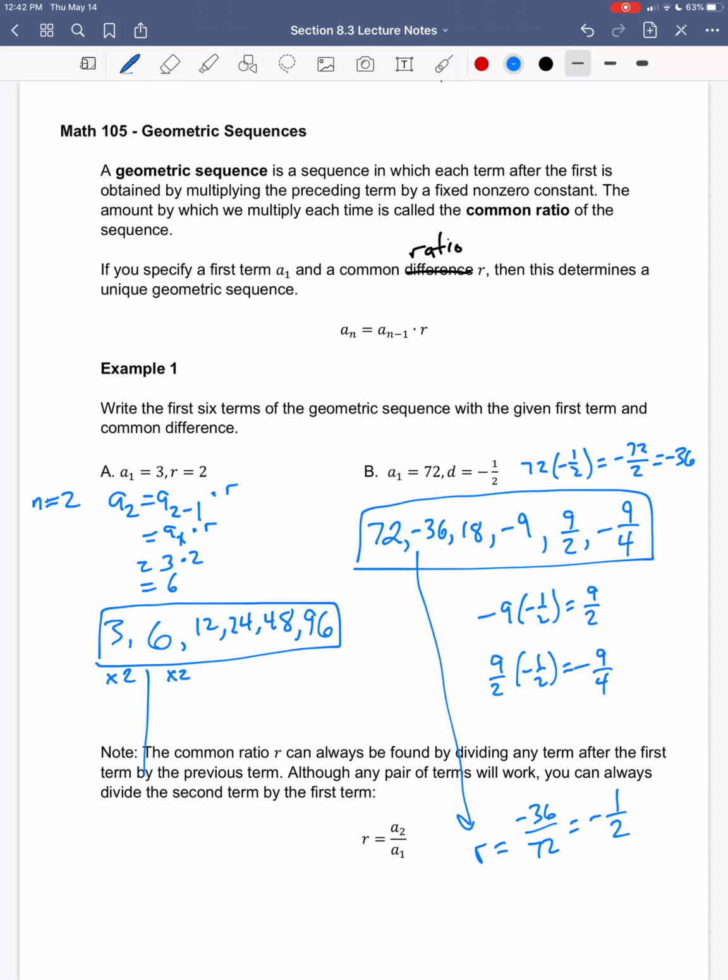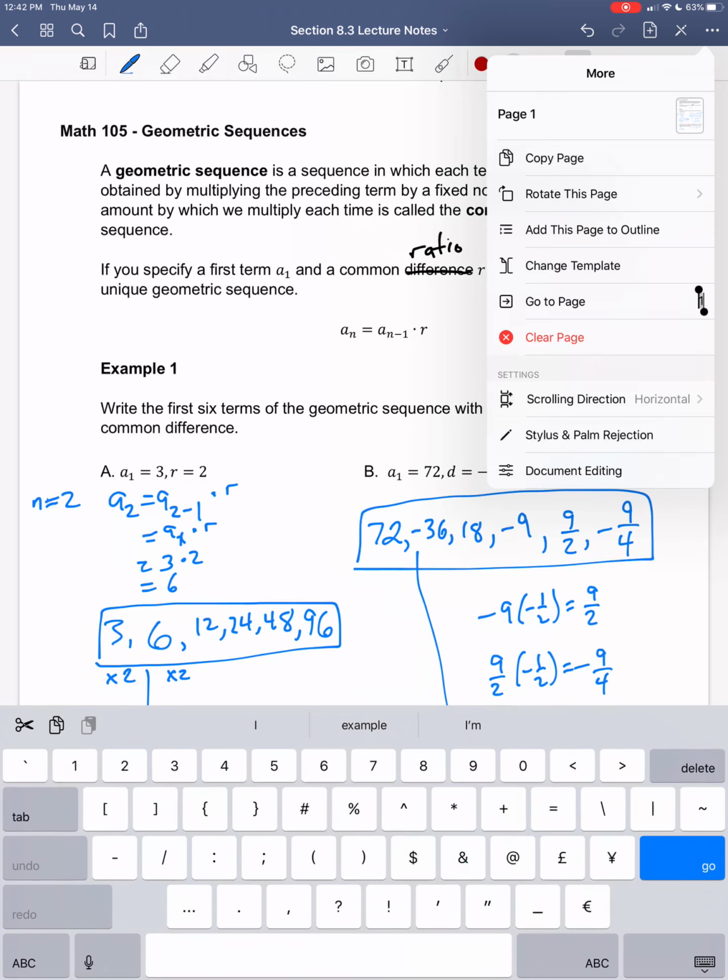Or here, r would be 6 over 3, which is 2. So that's just how we can find a common ratio if we're given a sequence. Okay, let's go to the next page.